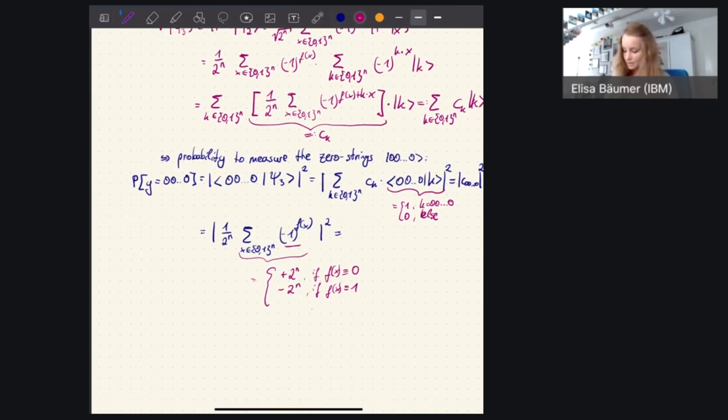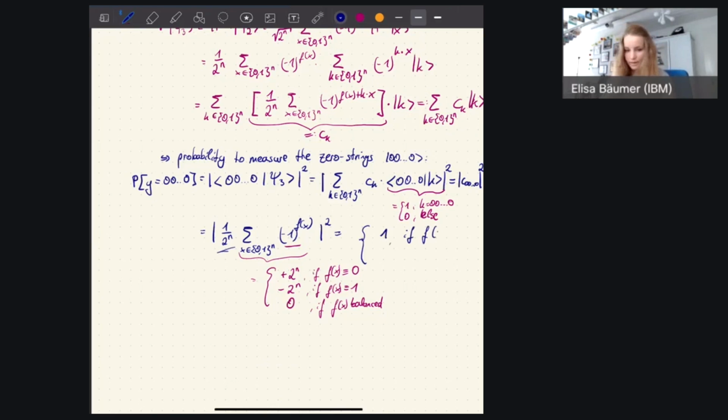And we have the case where f of x is balanced. In that case, half of the time it gives us 0, half of the time it gives us 1. So if we sum over all of them, they cancel each other out and we just get 0.